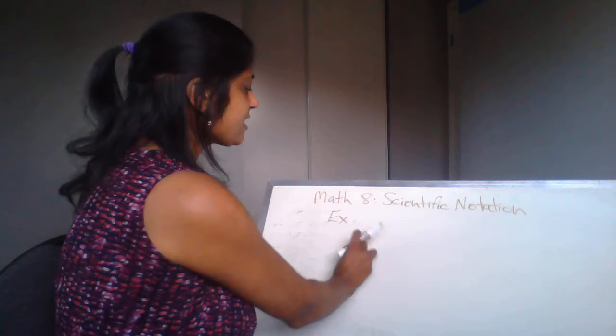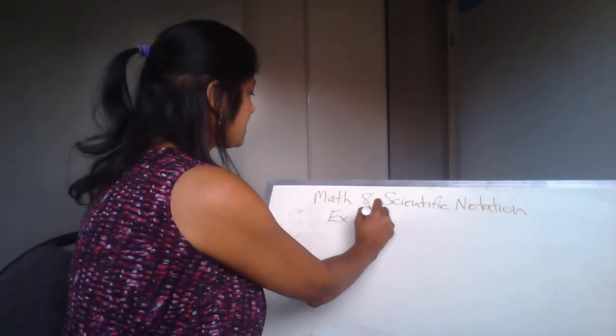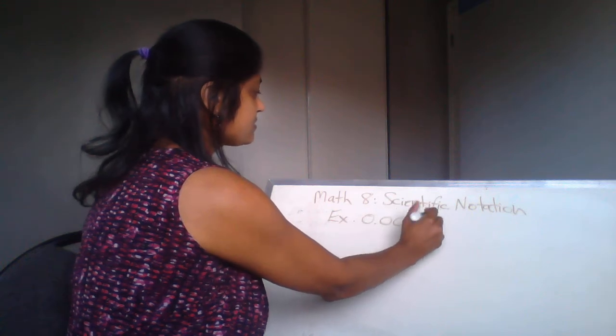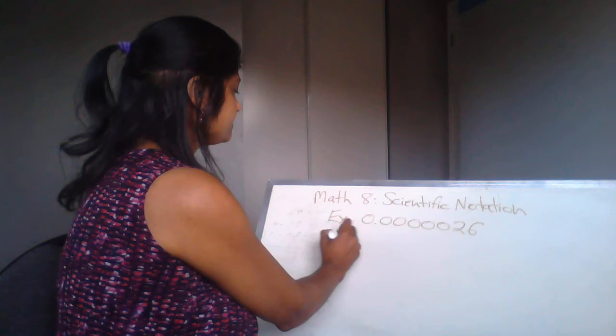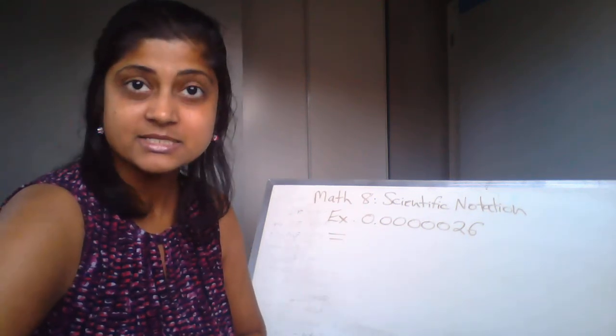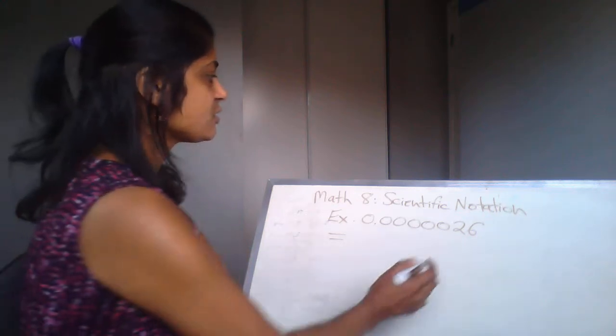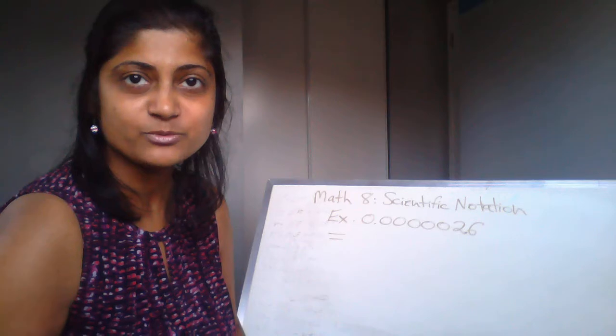Let's try one more here. I think everyone is getting a really good grasp of this concept. So let's try 0.000, I'm just going to add some zeros here, 26. I purposely added some extra zeros and an extra non-zero number. Again, the decimal place is hypothetically right after that first non-zero number, which is 2.